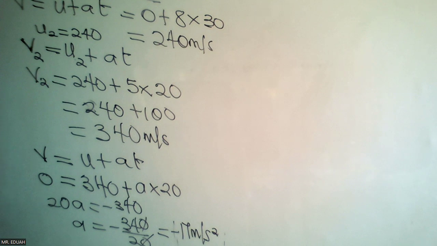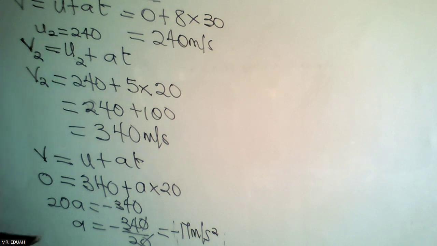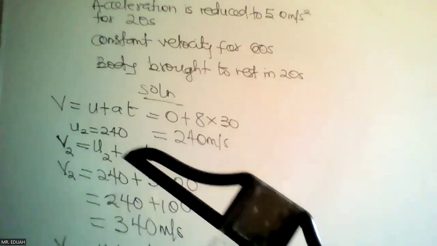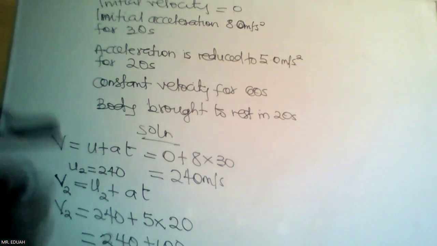Okay. Now let's look at what we are asked to do. Using the graph, calculate the maximum speed attained during the motion. So we need to plot a velocity time graph or speed time graph for this motion because we are to use the graph.